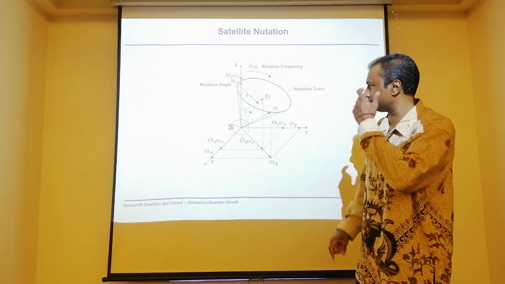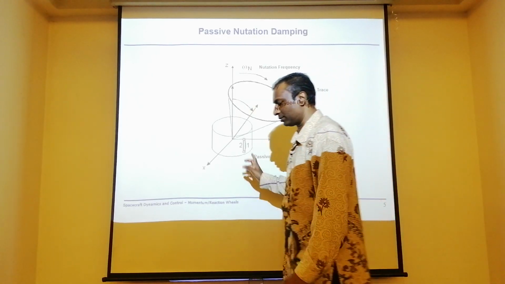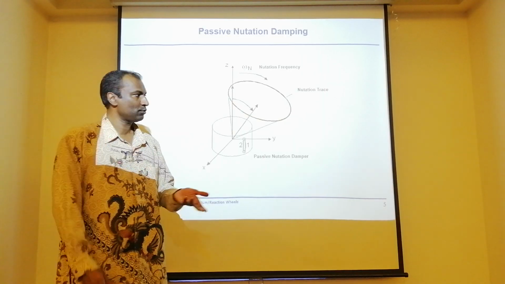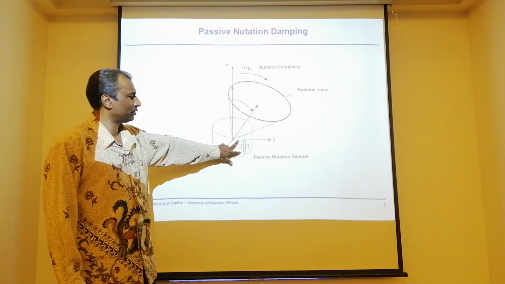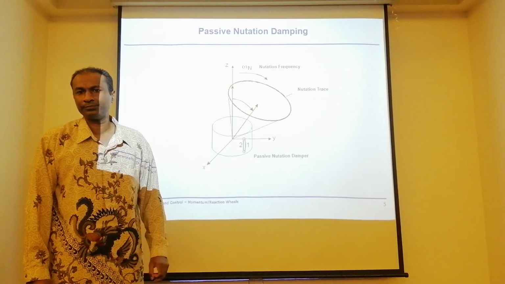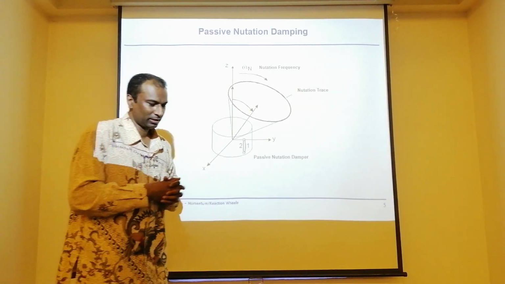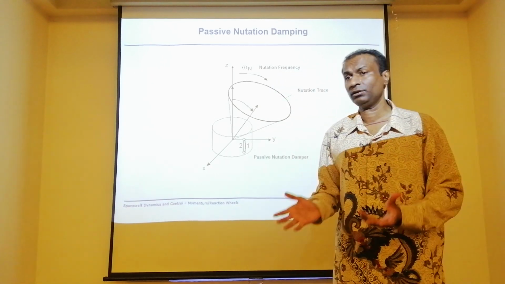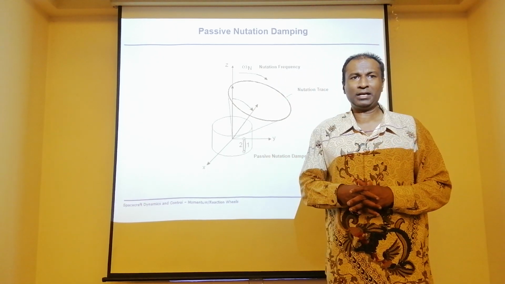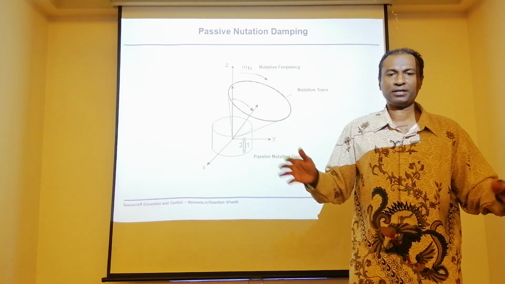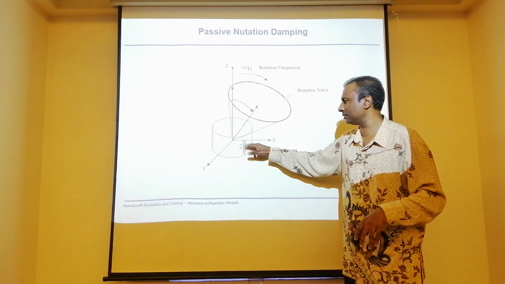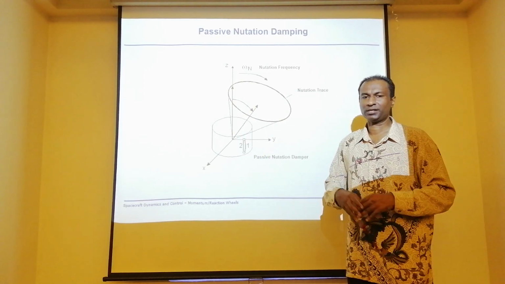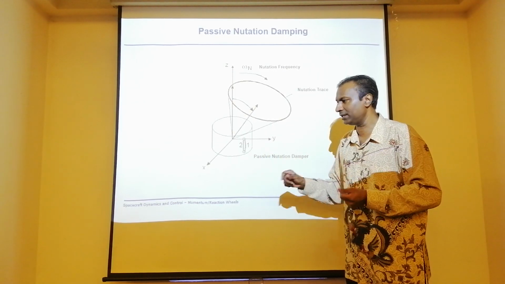Go on. How do we do this? Remember, nutation is a typical problem in a huge satellite. How can we damp this? We use a passive nutation damper. You can also do it with the thrusters, but more often than not, in bigger satellites you already have passive dampers. You don't use fuel, you don't use electricity.